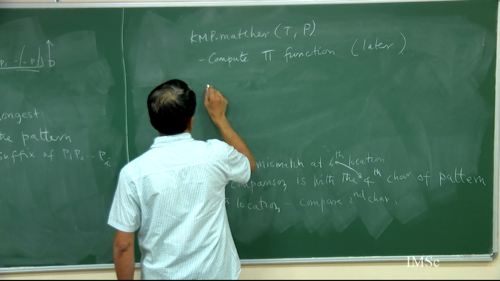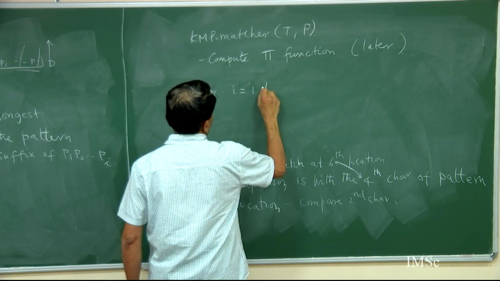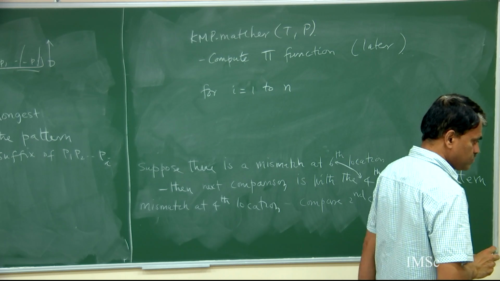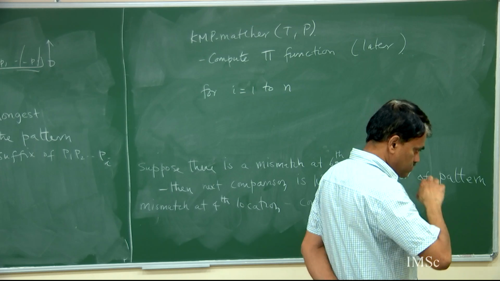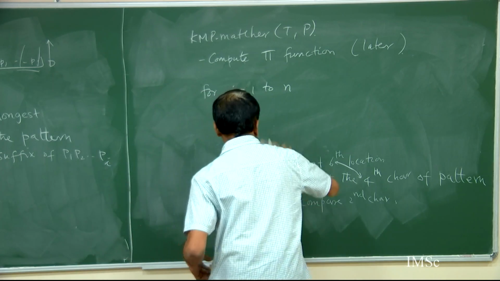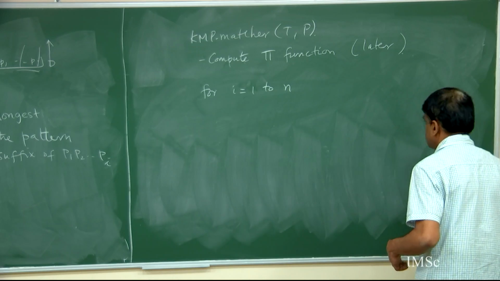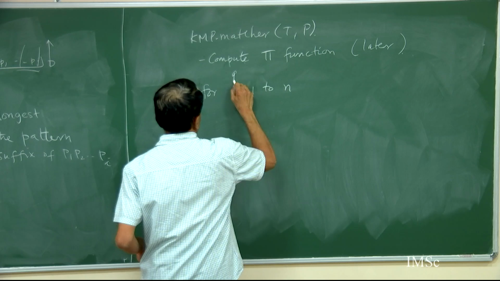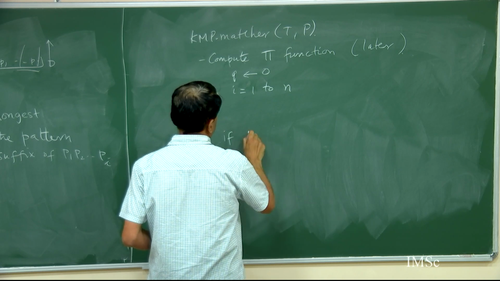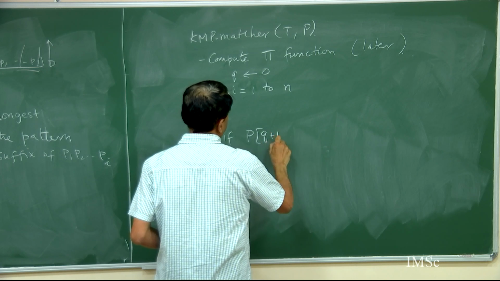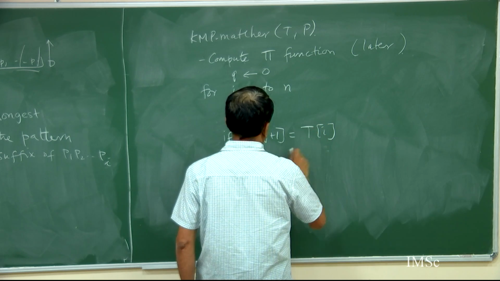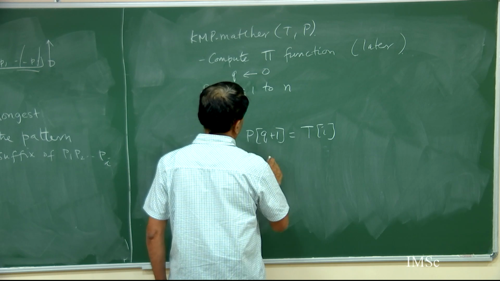So, for i going from 1 to n, q is 0, q is whatever I have matched. So, if the next character of the pattern is equal to the next character of the text, then I have got one more match.